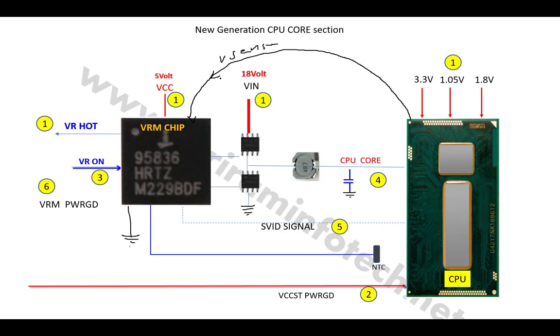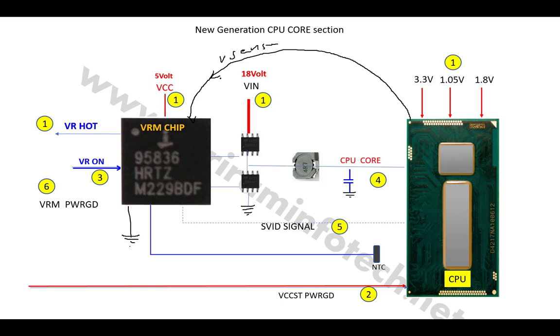If we check this vsense in buzzer mode, remove the power, put your multimeter on the buzzer, put one probe to ground and the other probe to this vsense pin, then you will get a buzzer at very low resistance. That means the CPU is present.